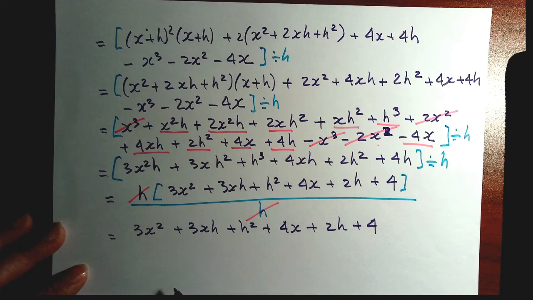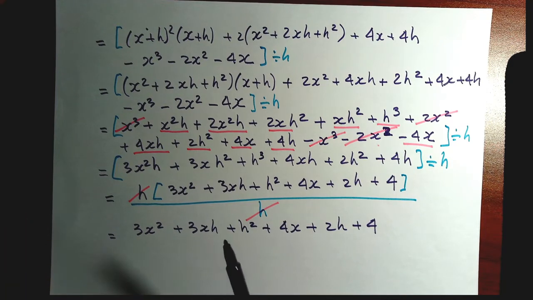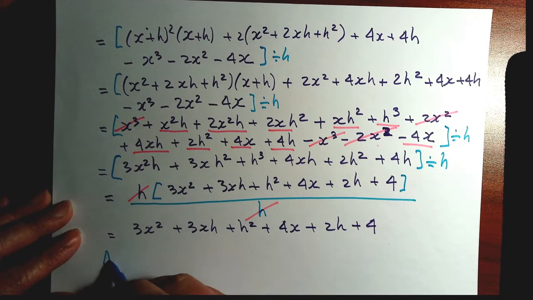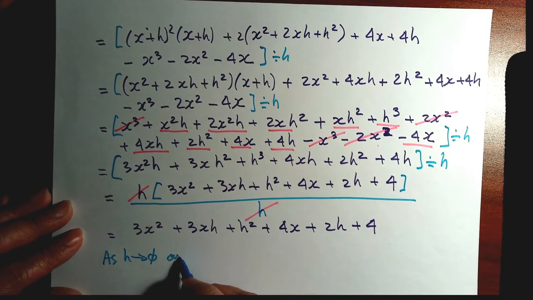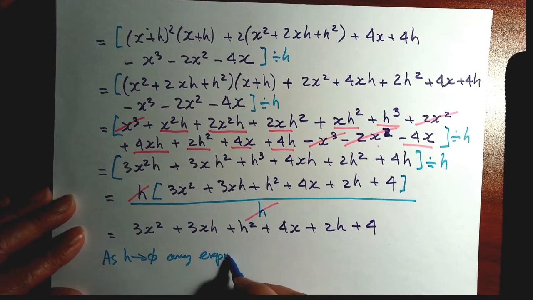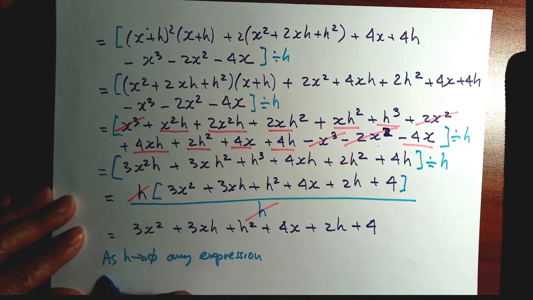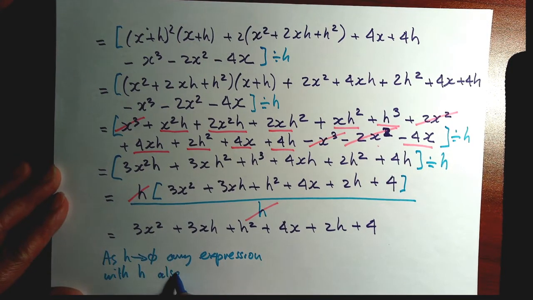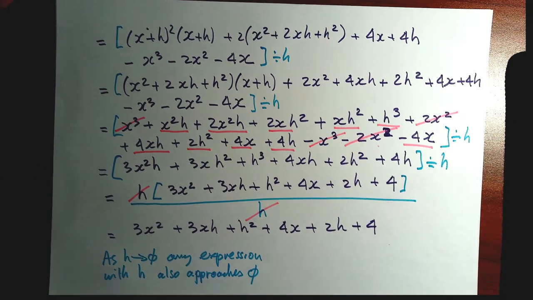So what I can actually say is that I can make the claim that as h approaches 0, any expression with h also approaches 0 and actually becomes 0.